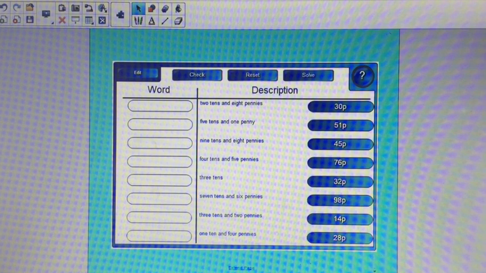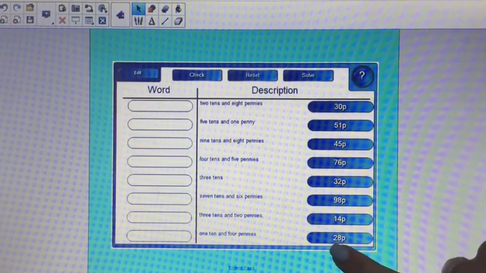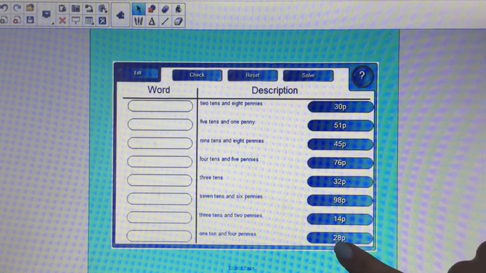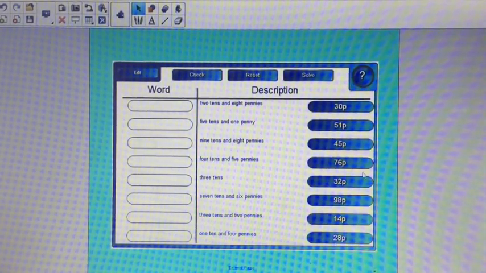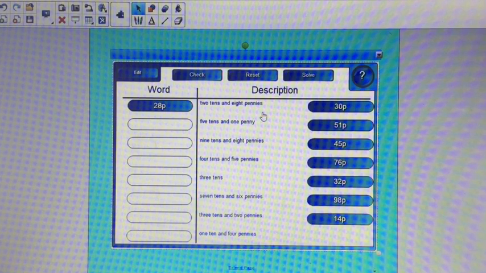You're right, 2 tens and 8 pennies is down the bottom here, 28p. 2 tens, 20, and 8 pennies, 8p, 28p. So I need to drag this up and match it to 2 tens and 8 pennies.